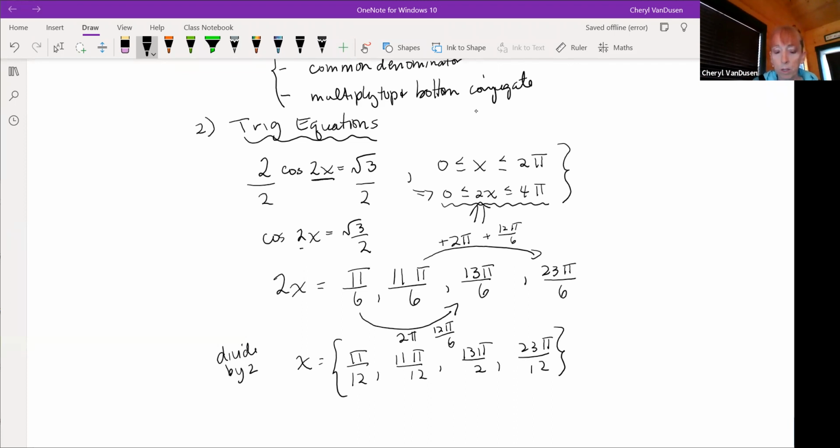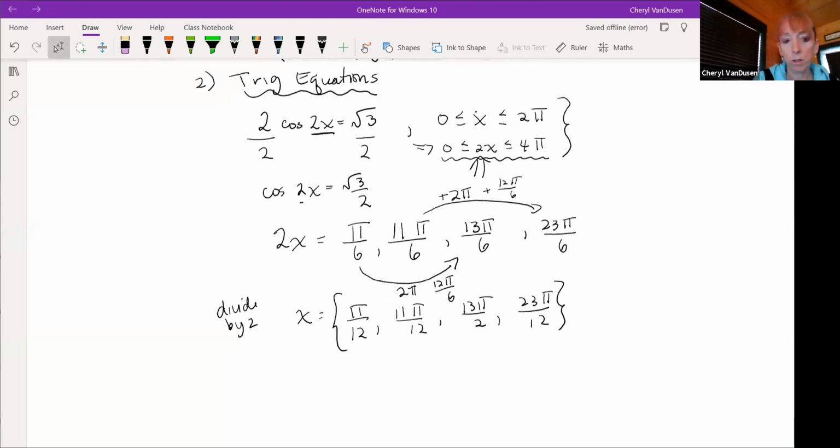Now, some of the questions in the module do ask for general solutions. And so if we want to change these into general solutions, let's just say this is question 2A, and we're going to ask to write the general solution. What we do is we go back to the first answers, because remember our second answers were generated by going around another full circle.